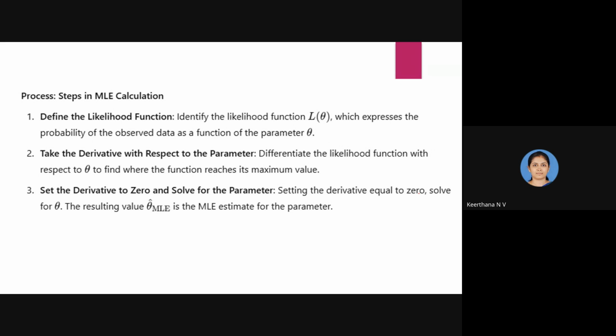The third step is to set the derivative to zero, and after that solve for the parameter based on your data set, to derive the theta hat MLE function for estimating the parameters with respect to the likelihood function.